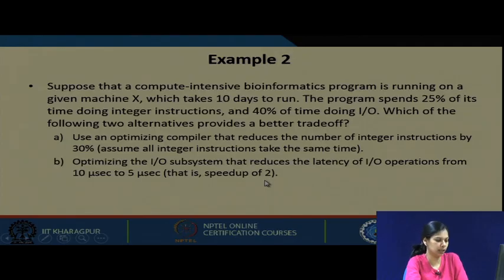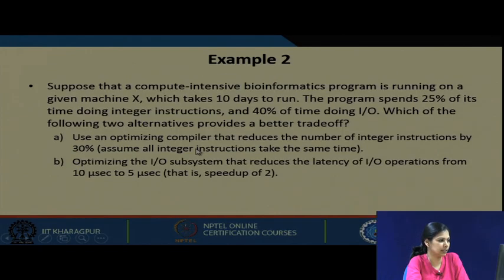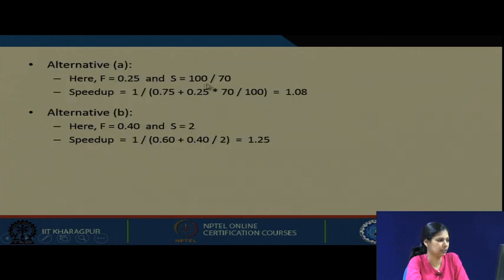Let us see the two alternatives. So, in the first case, f is 25% and S is, we are reducing that by 70, because 30% is reduced and the program spent 25% of the time in integer operation. So, S becomes 100 by 70.